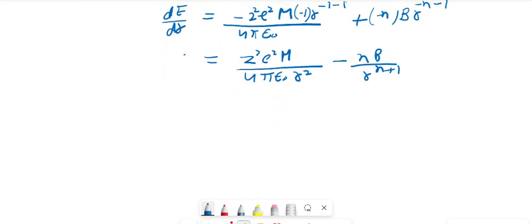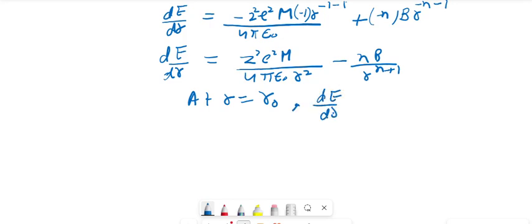So dE by dR becomes equal to 0 at the distance of closest approach. First of all, I am writing it as dE by dR only. We have dE by dR, and I am writing again that at R is equal to R naught, dE by dR is equal to 0.